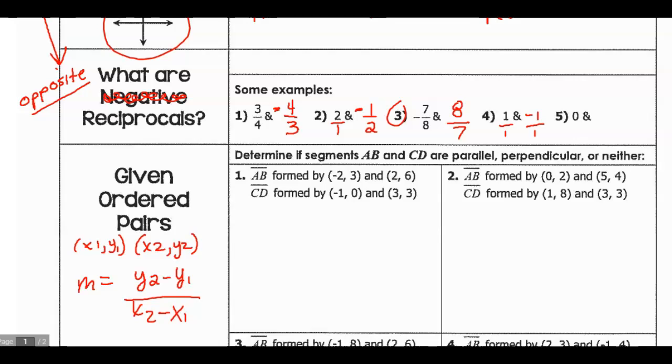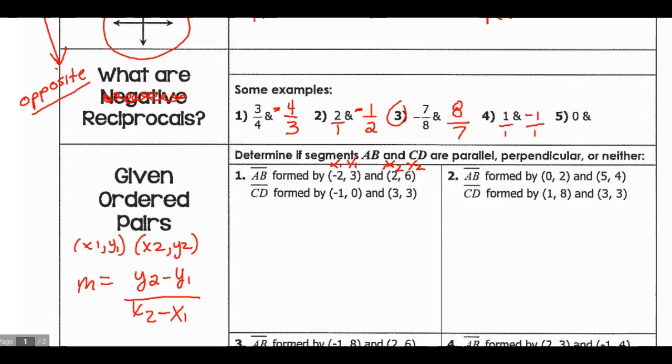You have to determine if these are parallel, perpendicular, or neither. If you want to, you can go through and label these. I think it helps me, as long as I can read my x's and y's.